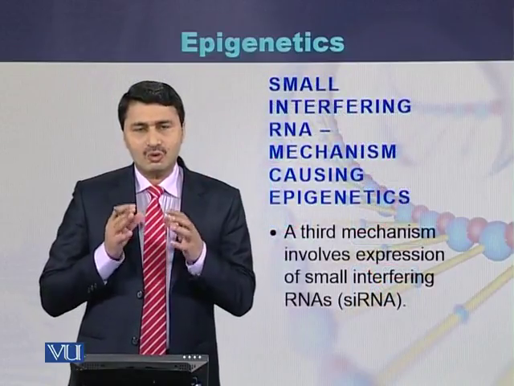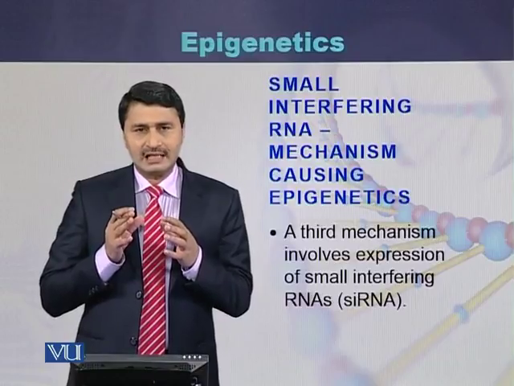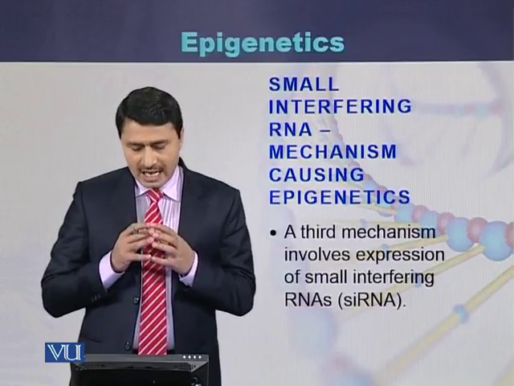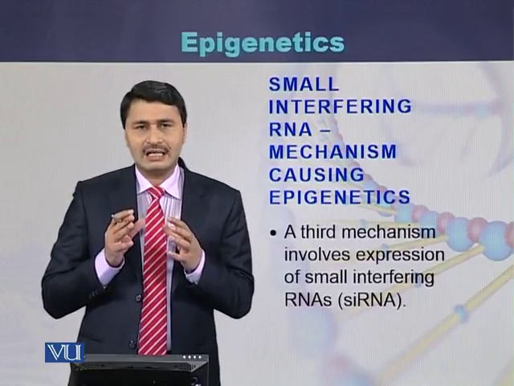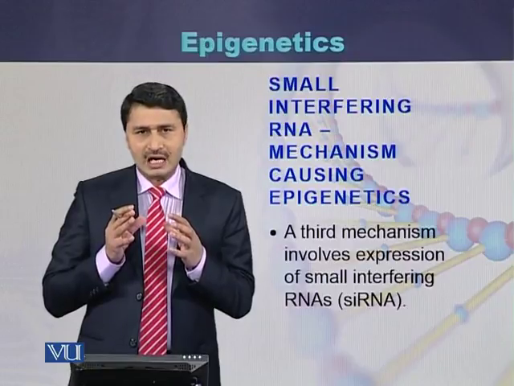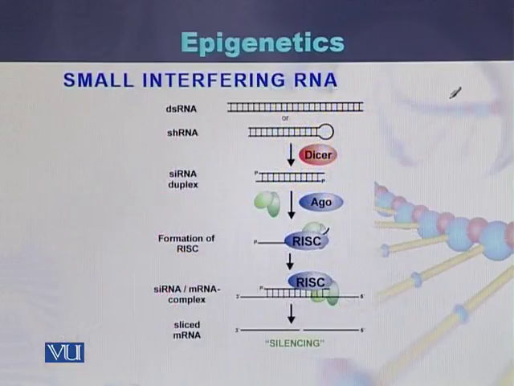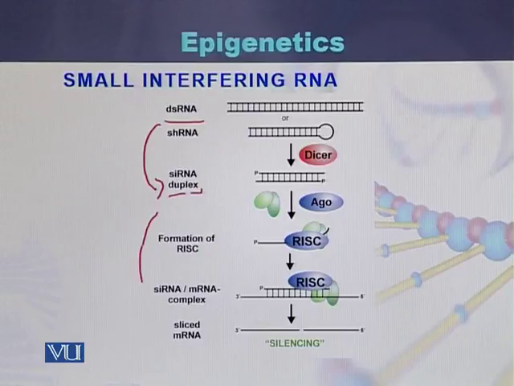In addition to the two primary mechanisms, there is another mechanism that has been identified, called small interfering RNA. Small interfering RNA is also responsible for epigenetic mechanisms. Here we can see how small interfering RNA works. There is a double-stranded RNA. This double-stranded RNA ultimately converts into an siRNA duplex, and as a result of certain reactions, this siRNA is converted into single-stranded RNA.